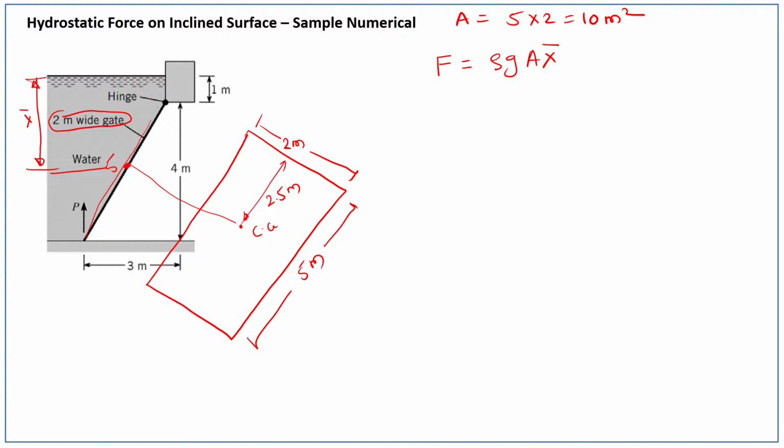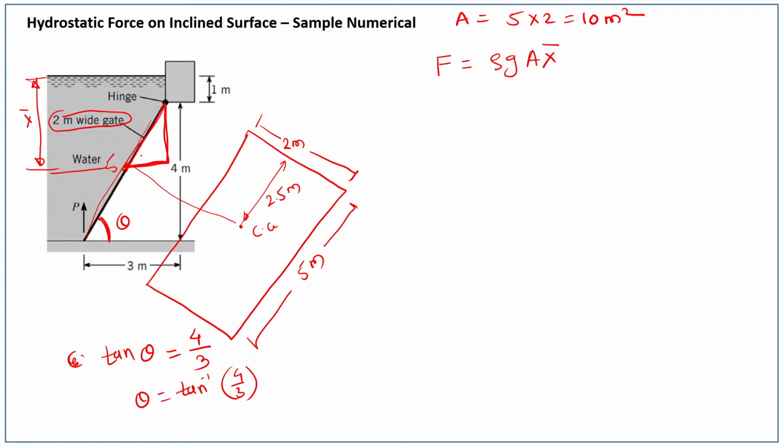Now in order to find the x bar, you may need the angle also. In some numericals the angle is provided, but here the angle is not provided, but distances are given. So you can find tan theta. Let us consider this angle is theta. So tan theta is 4 divided by 3, so theta will be tan inverse of 4 by 3.